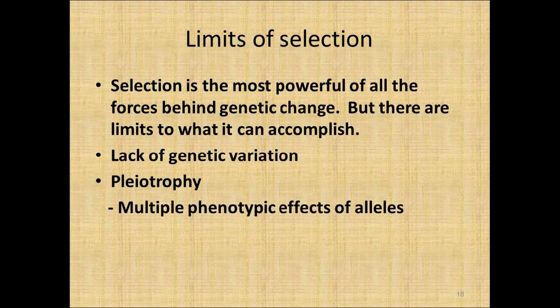The second limitation is pleiotropy. In this case, an individual allele has more than one effect on the creation of a phenotype. We talked about this previously when we talked about sickle cell anemia and malaria. When we're talking about limitations of natural selection, we're looking at how these multiple effects tend to set limits on how much a phenotype can be changed, like a check and balance system. For example, we breed chickens to lay more eggs per laying.